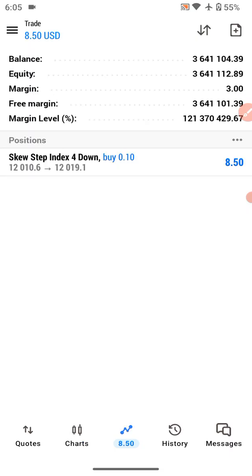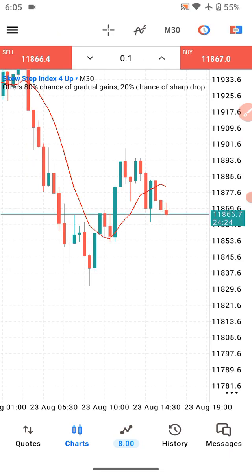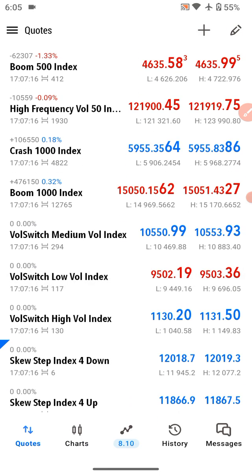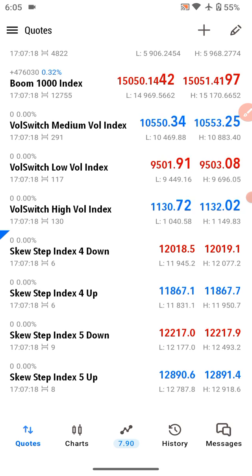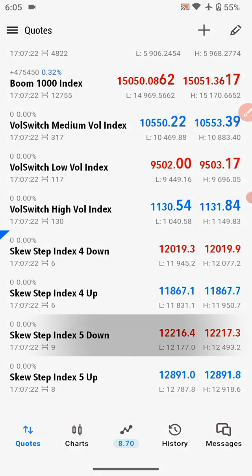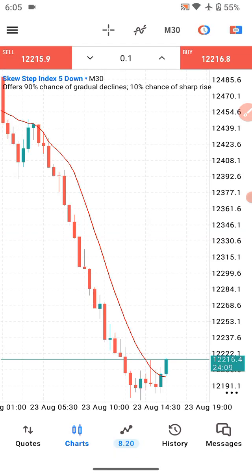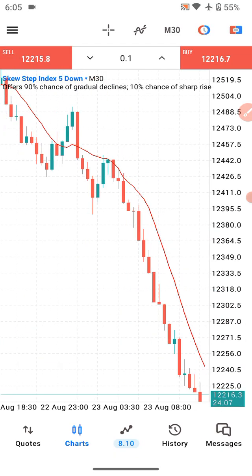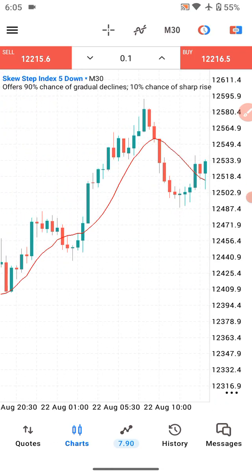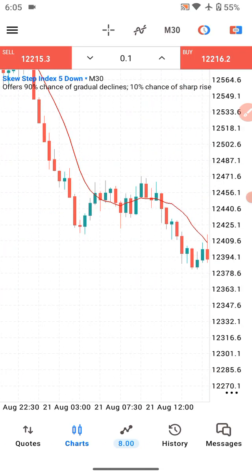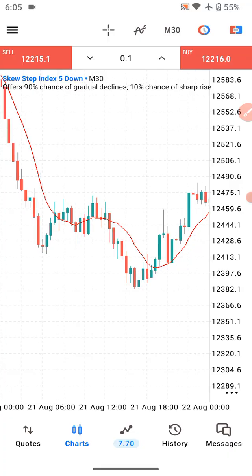Like I found this one, Step Index. This is the same index we were just looking at. There's no difference there. Let's go to the 5 and see how the 5 goes. Oh wow, guys, what do we see here? This is another potential investment opportunity.